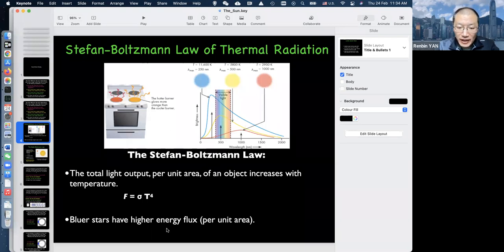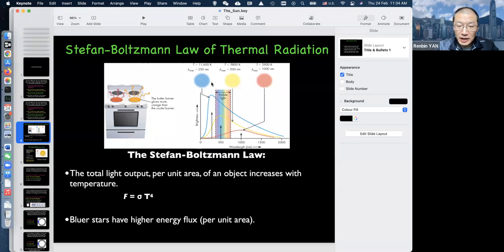When we say energy flux, it is the amount of light that comes out per unit area on the star. So if you have two stars that have the same size, then on every unit area, the blue star will be brighter than the red star.